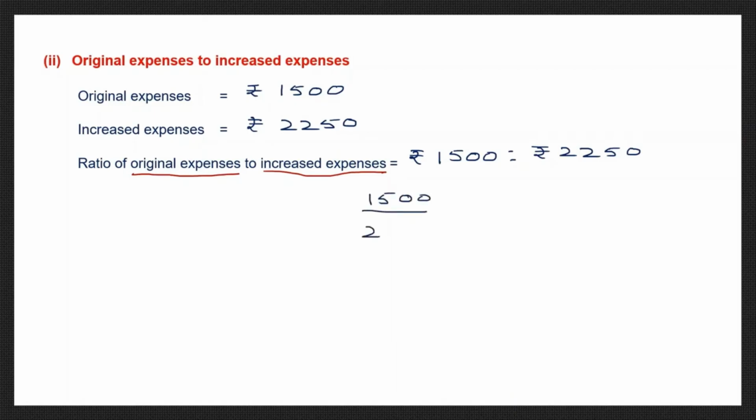1,500 divided by 2,250. First step, cancel the zeros. Now let's divide both by a common factor, and we can divide both by 15 itself. Here we know 150 is given. 15 into 10 is 150. Now what about 225?